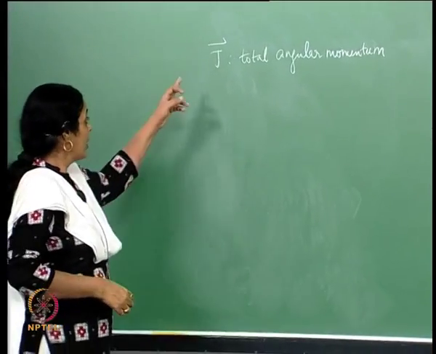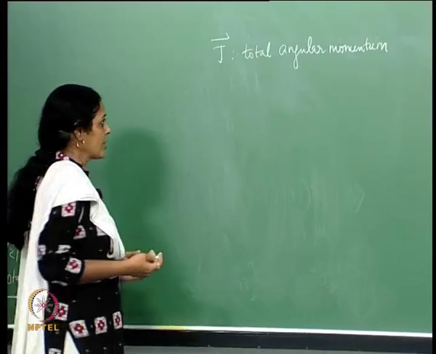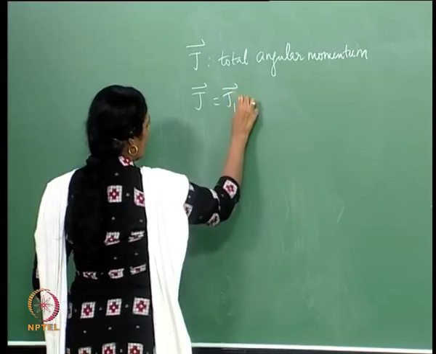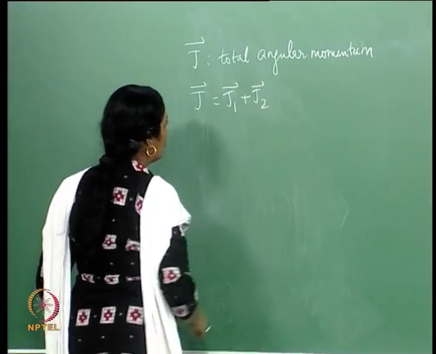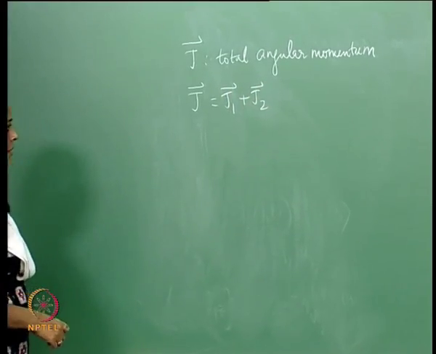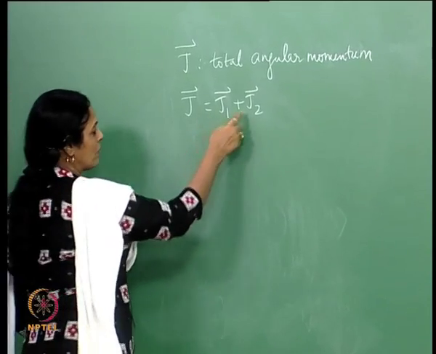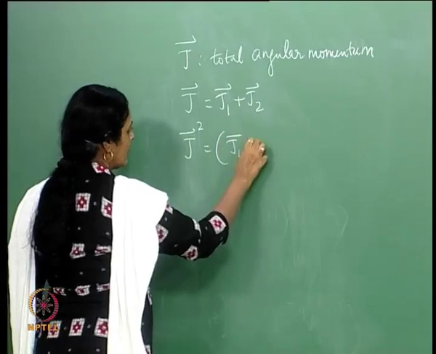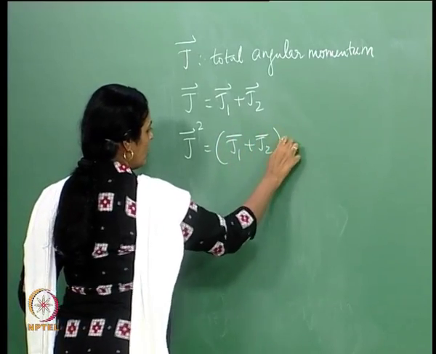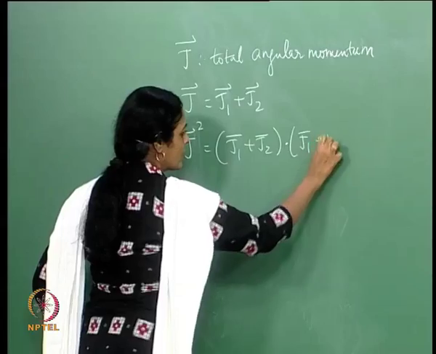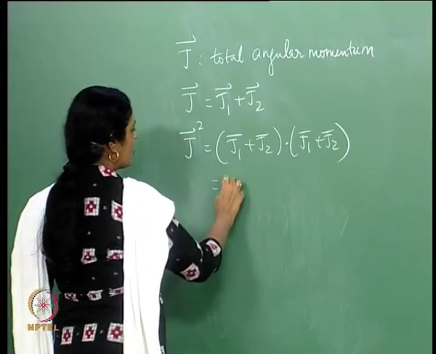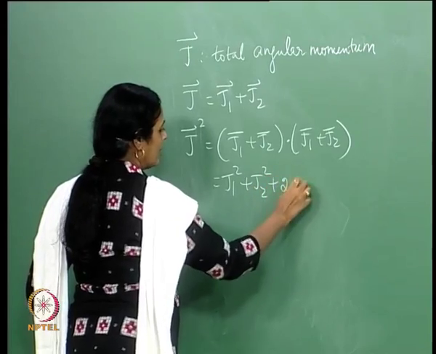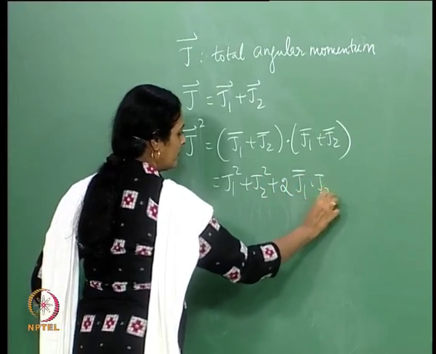It should behave like a vector under rotations, and therefore, like all vectors, the total angular momentum must follow vector addition, and I have J equals J1 plus J2, and therefore, J squared is J1 plus J2 dotted with J1 plus J2, but that gives me a cross term because I have 2 J1 dot J2.